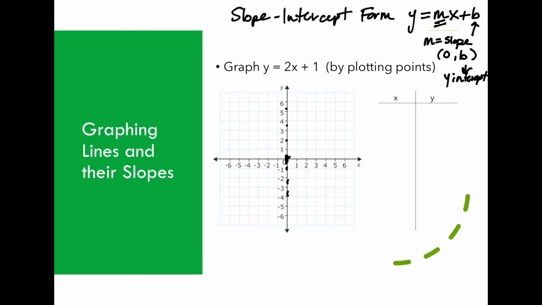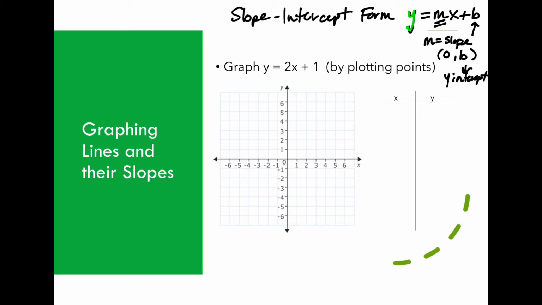So when an equation is solved for y, meaning y is completely by itself over on the left-hand side, it is in this particular form, the slope-intercept form, and we can discern those two things, which as we'll see, are helpful for us to graph.